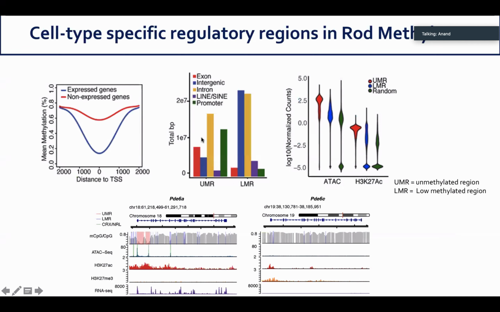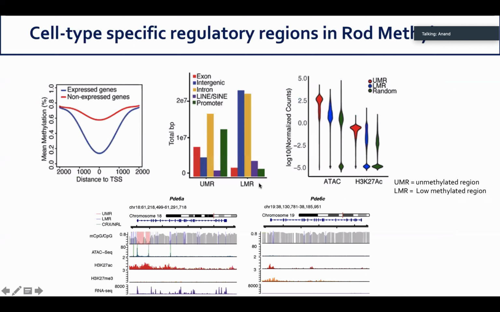And what we found, like everybody else has found, is that much of the unmethylated regions are associated with either the promoter regions or within the intron. Some of the intronic ones could be connected to alternate promoters that are quite prevalent in genes expressed in the retina. Actually, a surprisingly high number, and that's a different topic we can talk about some other time.